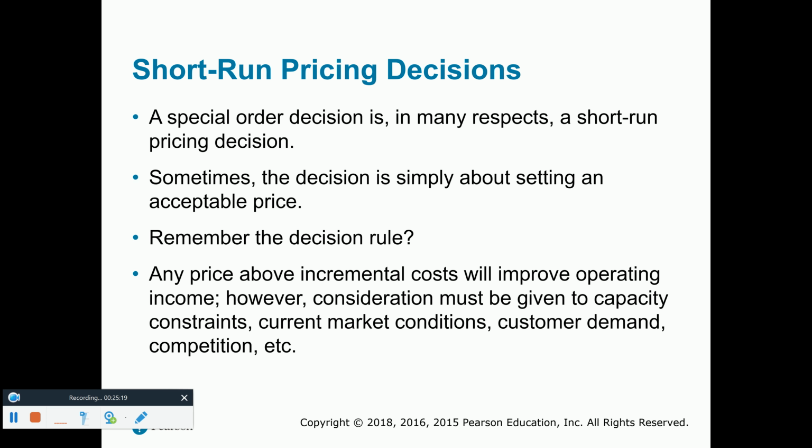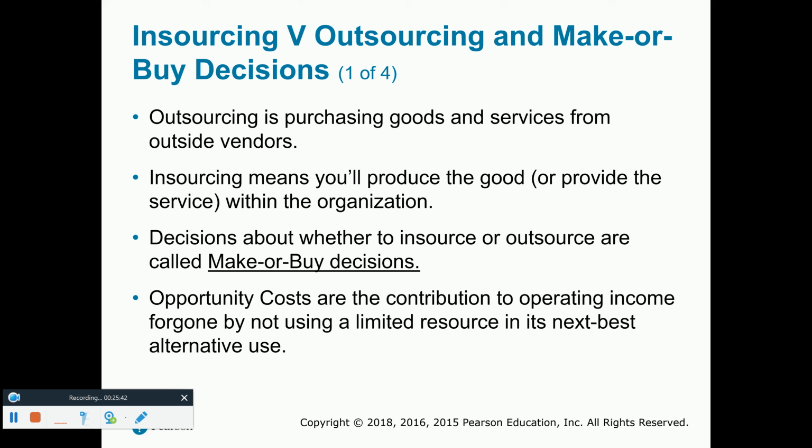Should we accept it or not? There are dangers in accepting it, of course. We have to decide quantitatively and qualitatively, but certainly this is something that we need to decide. Is this one-time price an acceptable price? All right, and like I said, quantitatively, we said yes, it was.